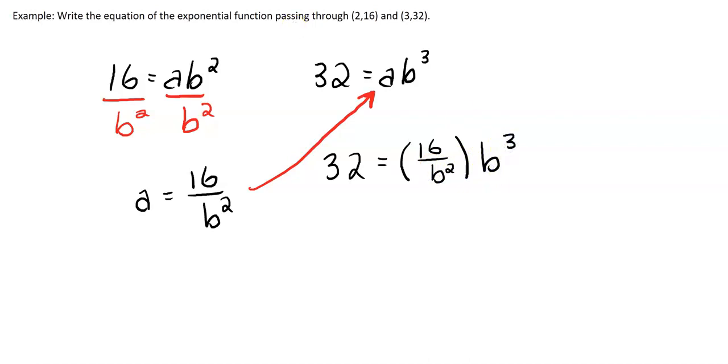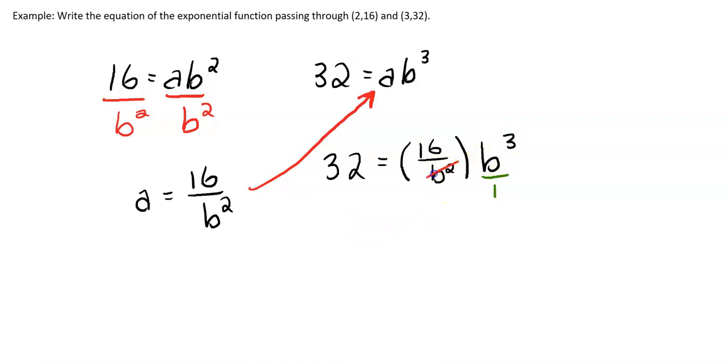Now, one of the things that gets a lot of people is that they don't remember that this b cubed is over 1. So what we're saying is we have 16 over b squared times b cubed over 1. But that means this b cubed is being divided by b squared.